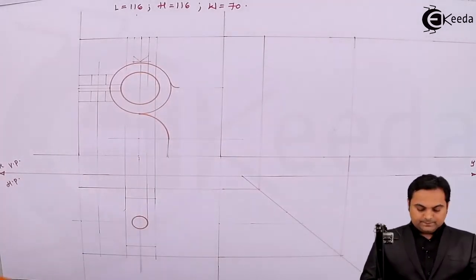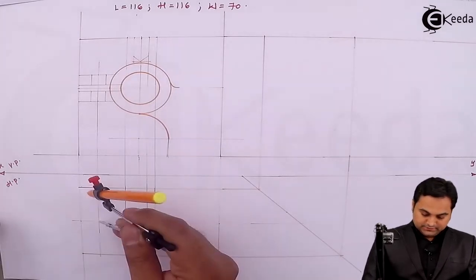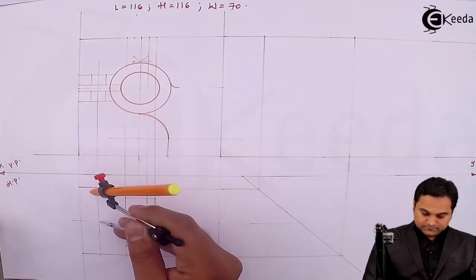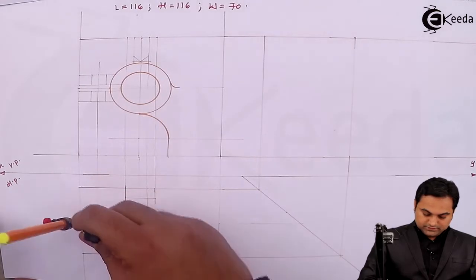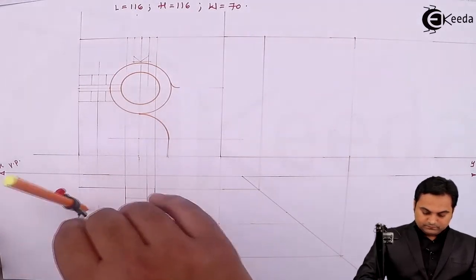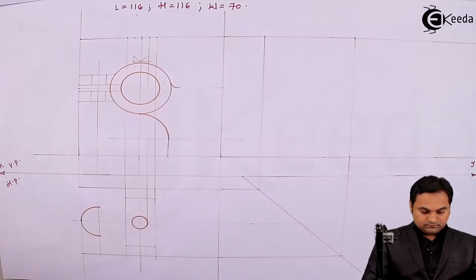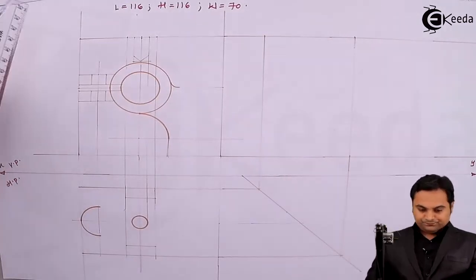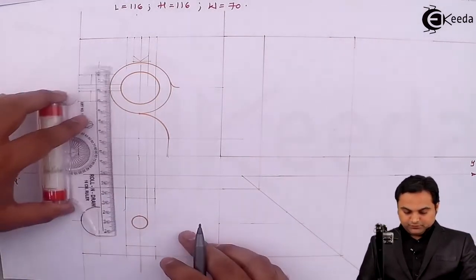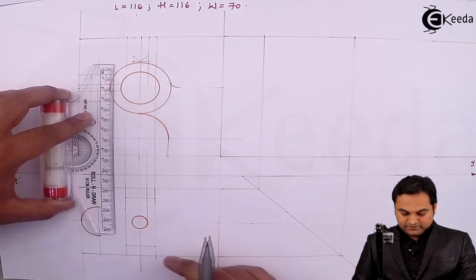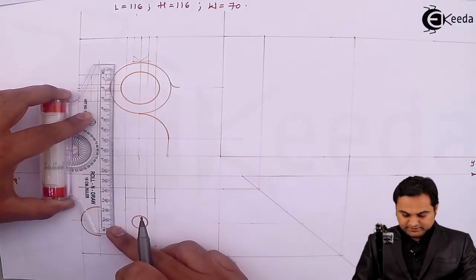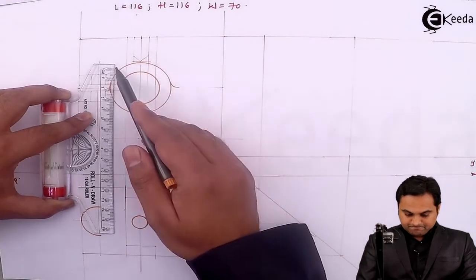Then this is the center, and here is the radius. Then the length of this portion where it is extended into the cylinder, I'll get it from the front view.